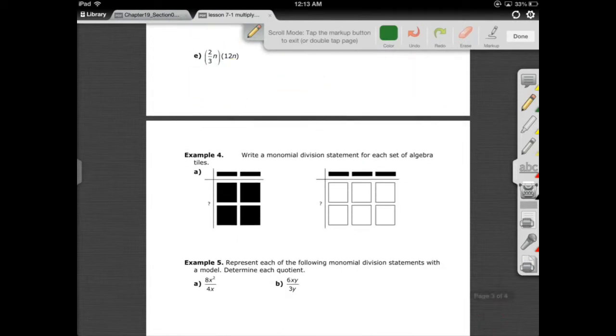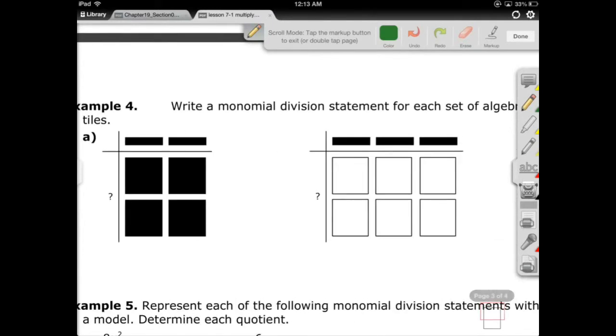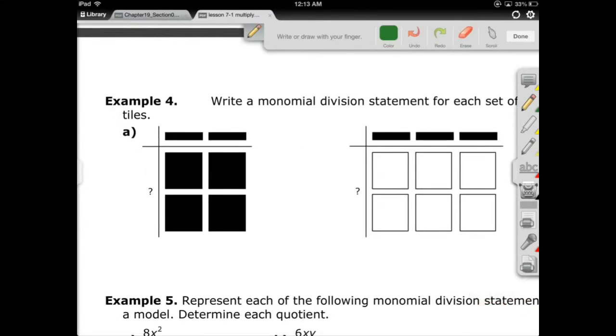Let's see if you can do this backwards. Think about it this way. If, let's say, 2 times 3 gives us 6, then if multiplying works forward, then 6 divided by 3 should give me 2.